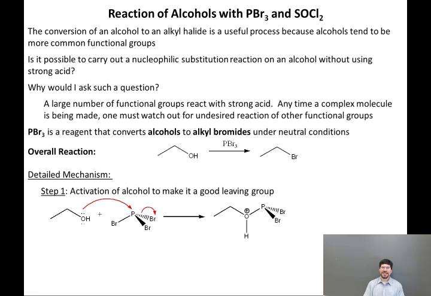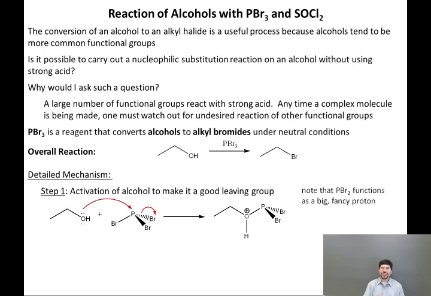So the detailed mechanism, step one, is activation of the alcohol to make it a good leaving group. Activation is a more general term that you use to take a functional group that's relatively unreactive and turn it into something that is more reactive. Protonation is a way of activating the OH, but by a similar mechanism, we can have the oxygen form a bond to the phosphorus and kick out Br as a leaving group to give something that has an oxygen with 3 bonds and a positive charge and also has a PBr2 on it.